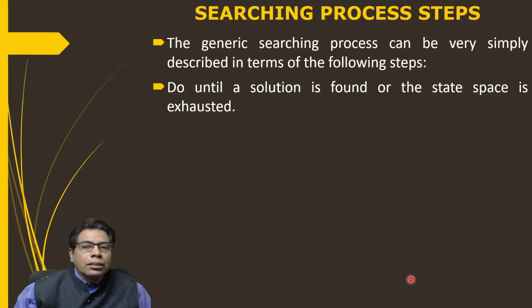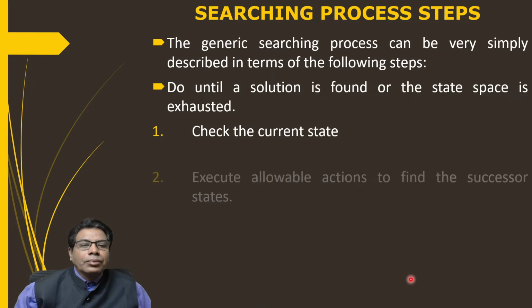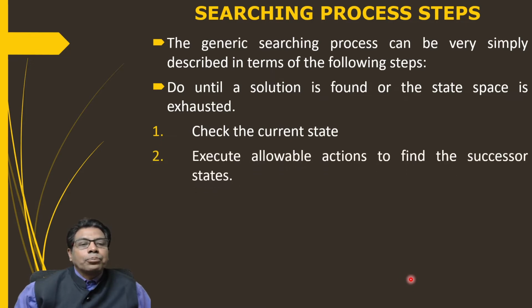If the state space gets exhausted, there is no solution. The first step is we check the current state, and the second step is to execute allowable actions to find the successor state. That is nothing but expanding the state. So we expand the state to get the new state.